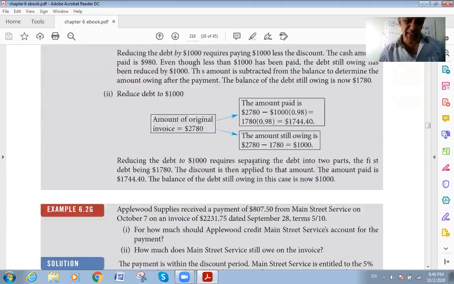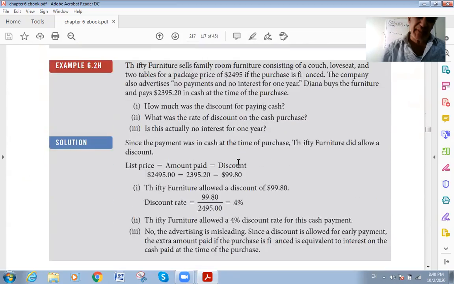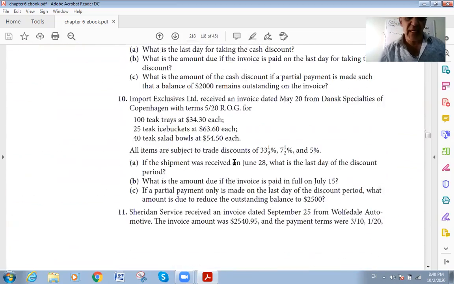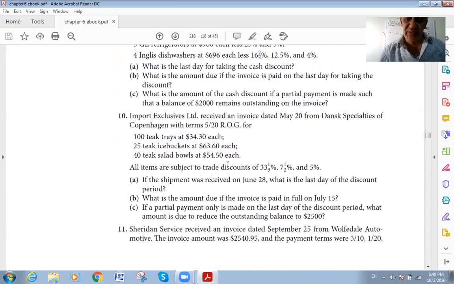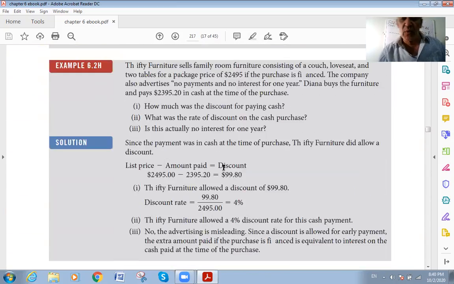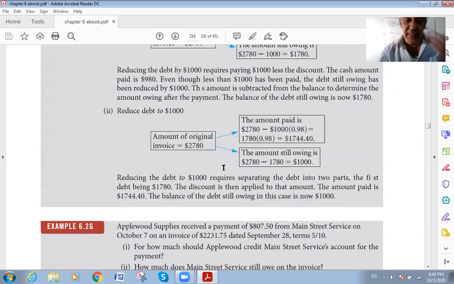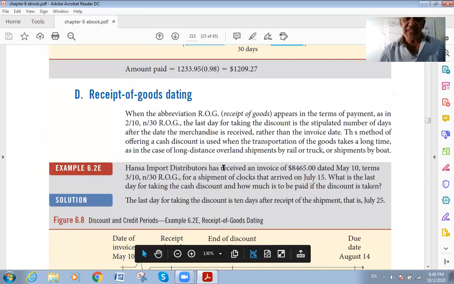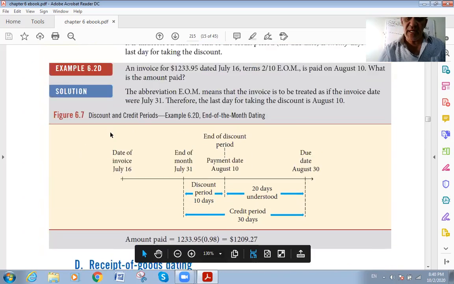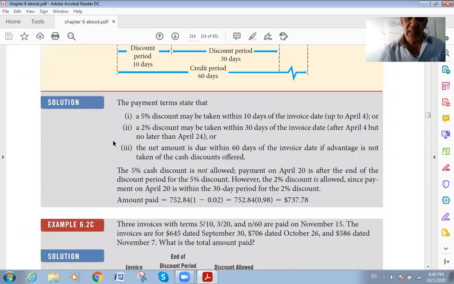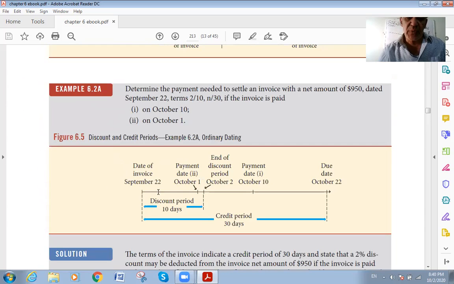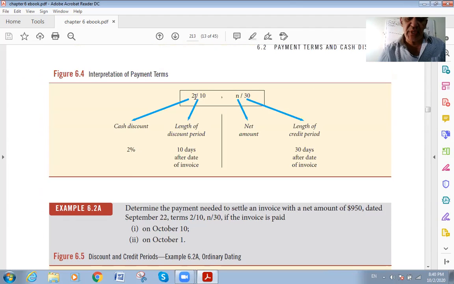This all includes the idea. Like I will tell you, he will pay within 10 days to get the discount. Then that's fine. If he pays, he will take an extra discount of 2%. Then you will say the net payment will include the 2% discount, right? The example here is 2/10, n/30.